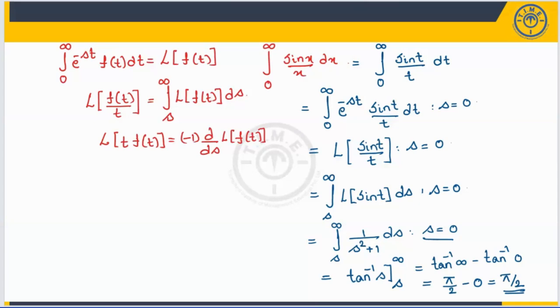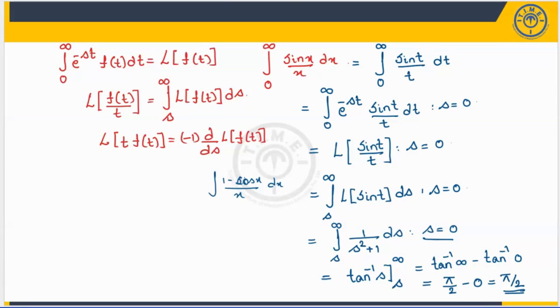That means you can apply that integral for the integral of (1 minus cos x) by x. For this you can find the integral, but not individually for cos x by x. Right, Shibani? Okay.